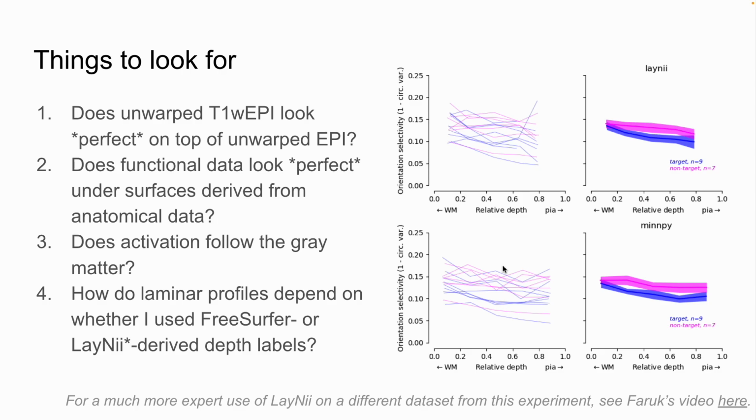Circular variance is a concept I really struggle with. Not conceptually, but just practically speaking. I always get it backwards. But you have low circular variance if you only have responses at one particular orientation, and then you have higher circular variance if your responses are more distributed around all the possible angles. And then the typical vision neuroscientist is going to compute orientation selectivity index as 1 minus the circular variance.